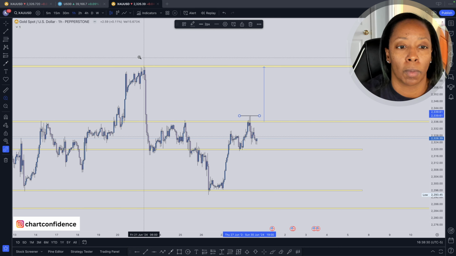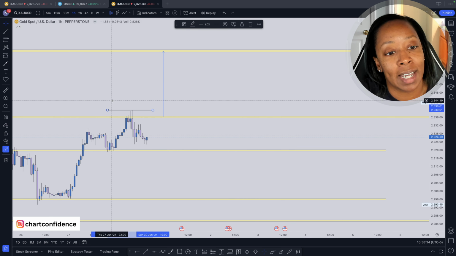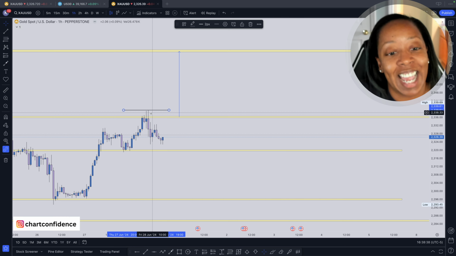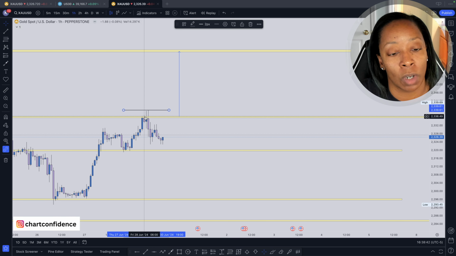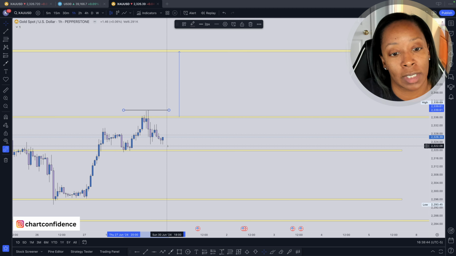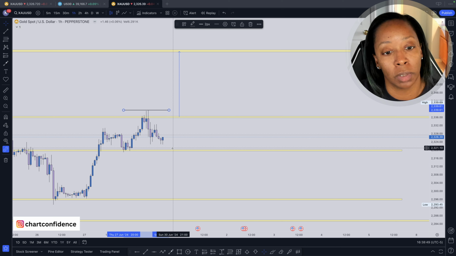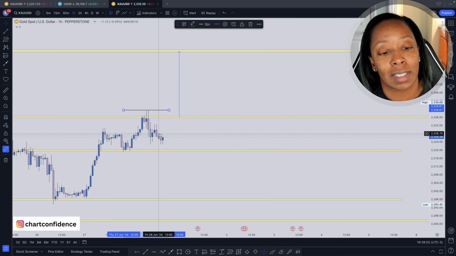Let me zoom in a little bit. On the H1 time frame, price failed to go up there and rejected below this support level or this resistance level and continued to sell off. Granted, the last candle before the market closed was this almost bullish engulfing candle, but it's still in the zone, so I still don't want to touch it.